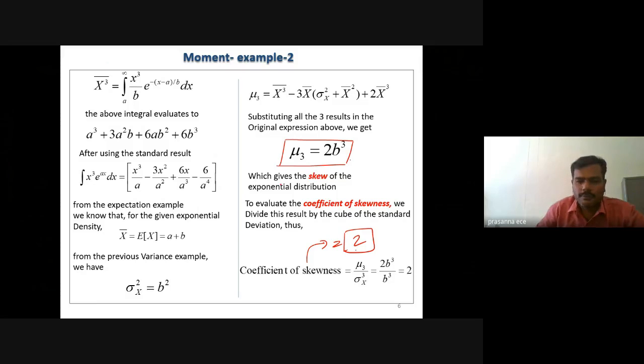So it has a positive skew, and obviously our curve will be looking like this. All the values move towards the left side.